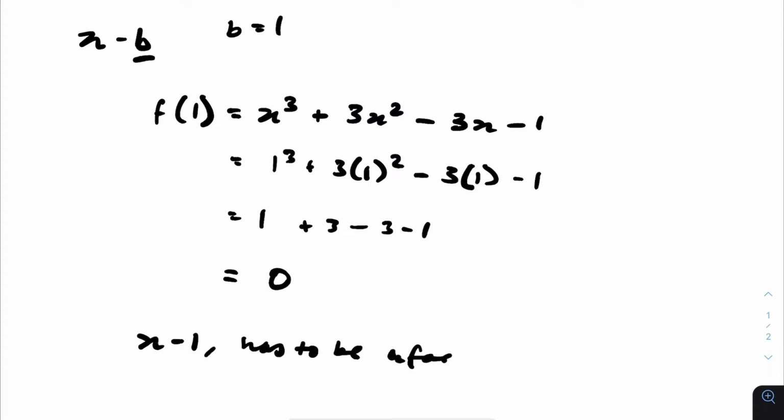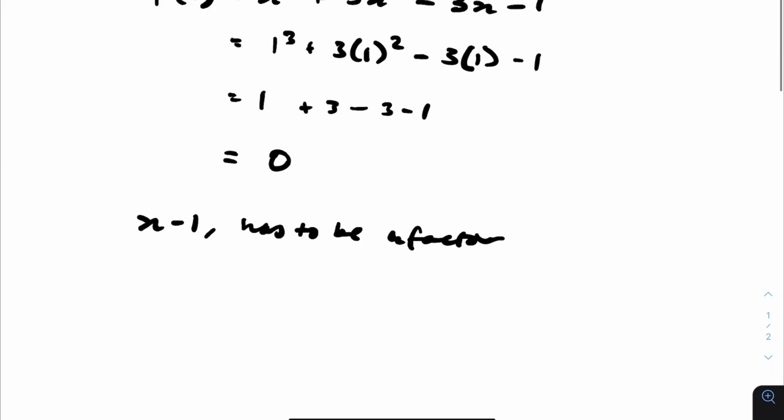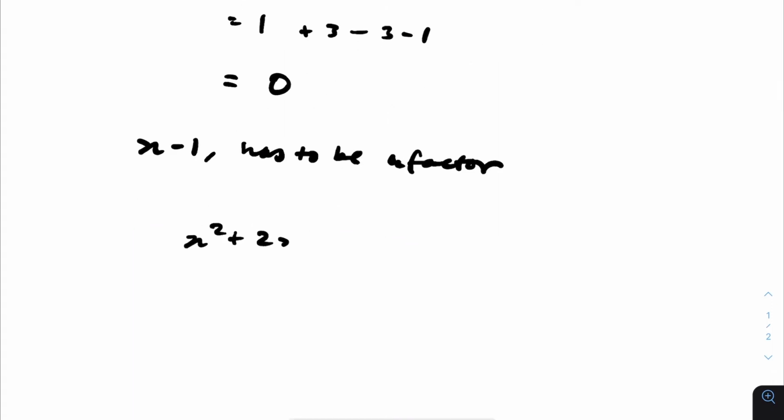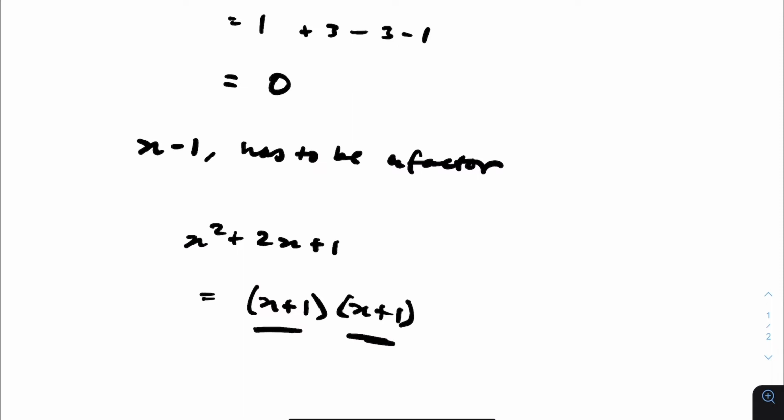And we kind of know this to be true with quadratics themselves. So let's say we had x squared plus 2x plus 1. We know this can be written as x plus 1 times x plus 1. And we know that if we make any of these parts 0, it will make the entire function 0.